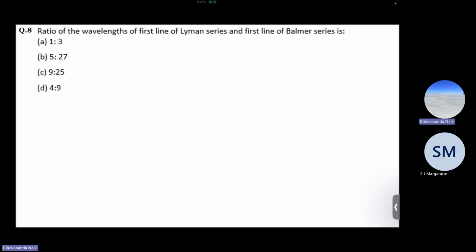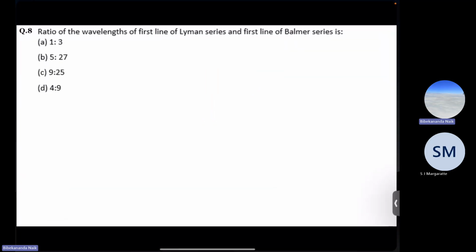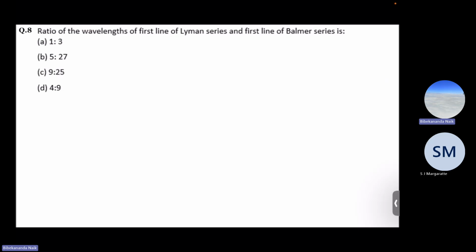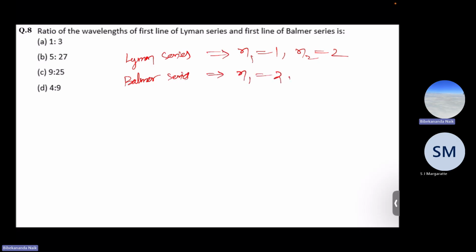So let's solve it. We need to find the ratio of the wavelength of the first line of the Lyman series and the first line of the Balmer series. So for the Lyman series, N1 is 1, N2 is 2. For the Balmer series, N1 is 2, N2 is 3.